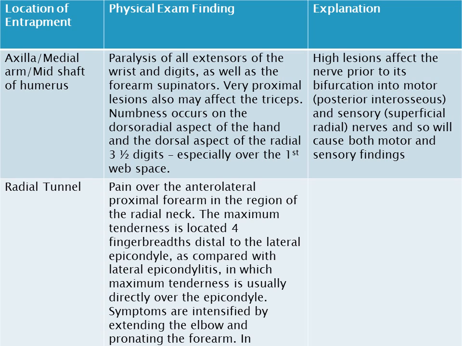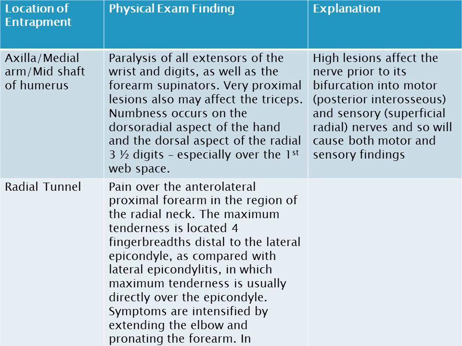And sometimes this can be confused with pain associated with lateral epicondylitis, but with lateral epicondylitis, the pain will be directly over the lateral epicondyle, and pain with radial nerve lesion will be about 2 to 3 inches below the lateral epicondyle.